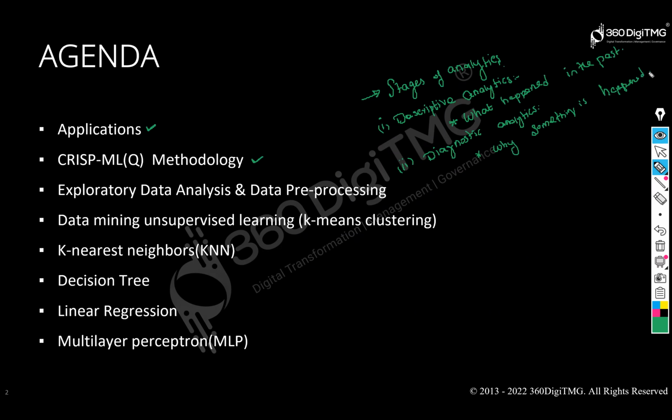First I'm discovering what has happened in the past, and I'm not getting much into it. I'm just having what was done in the past. Then, why has something happened? That is diagnostic analytics. We analyze the past, and now we are thinking why it happened.